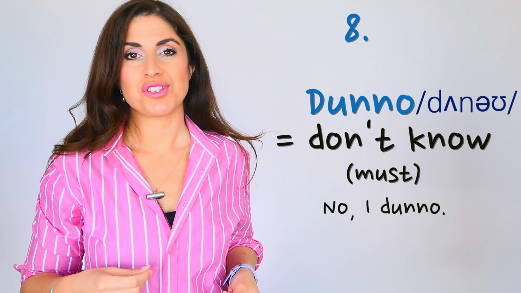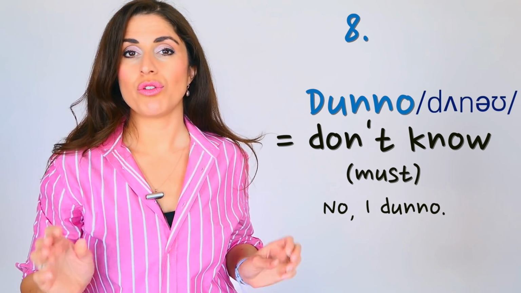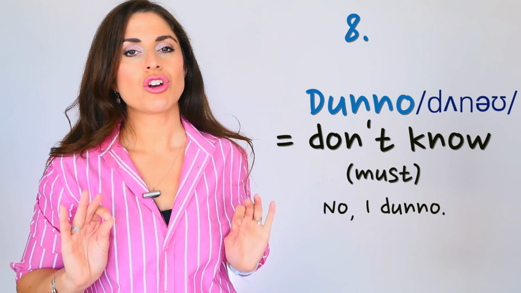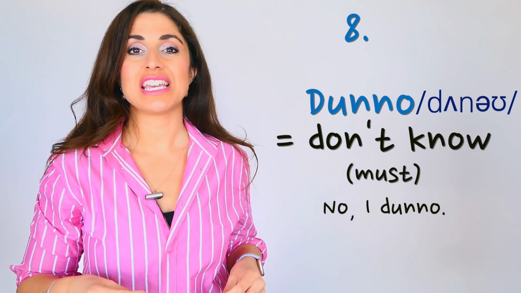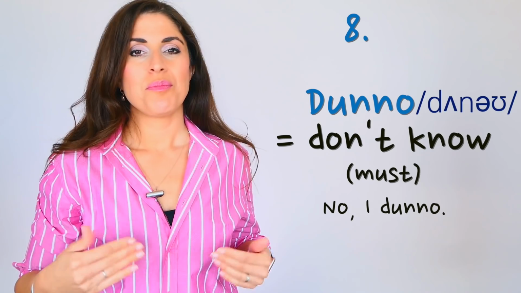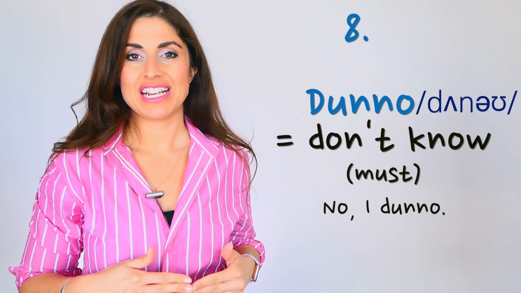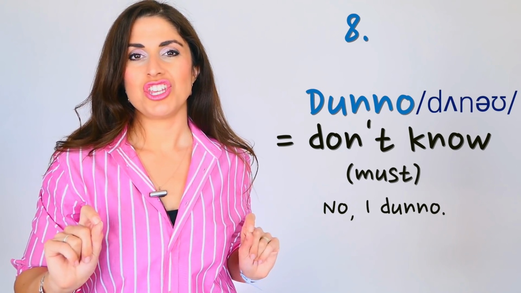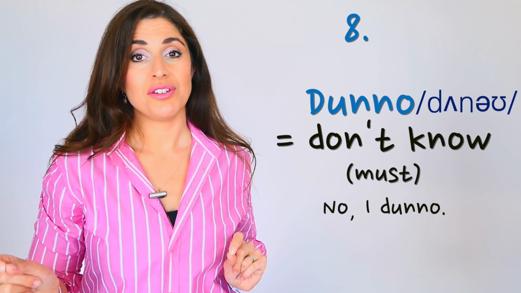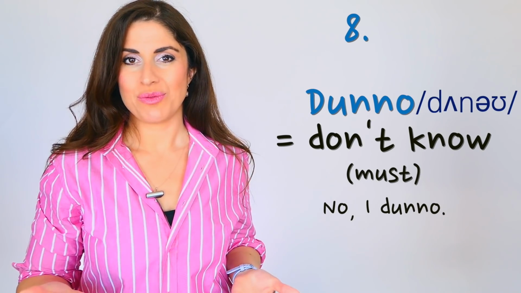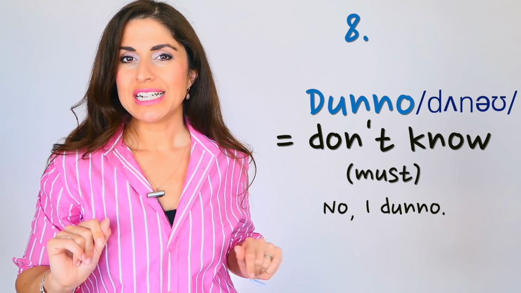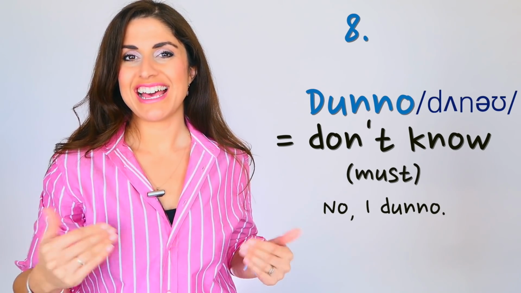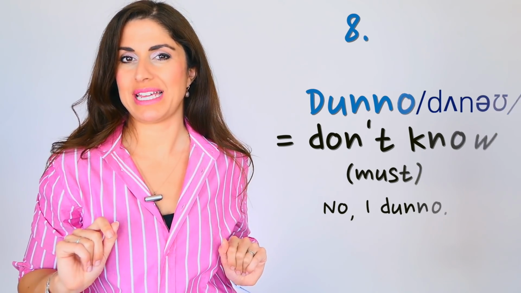Of course, you can also say she dunno, although technically not grammatically correct. Of course, it should be doesn't know. But you'll hear a lot of native English speakers break that rule and use dunno, she dunno, he dunno in this way. Not the best grammar, but again, will help you understand native speakers just that little bit better.